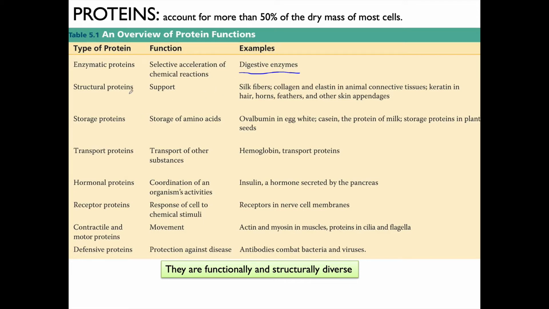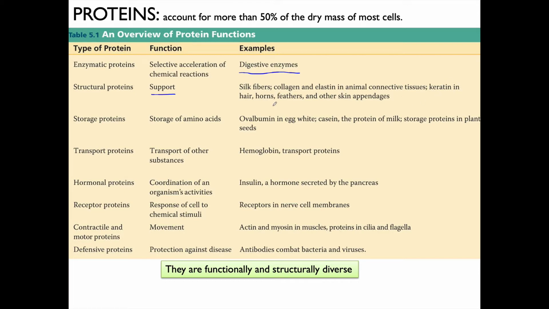We have structural support proteins. These literally will support the cells and some larger structures in our body from falling apart. If we look at structural proteins like collagen and elastin in animal connective tissues, we're talking about what you find in cartilage, tendons and ligaments, and in skin, where it helps with elasticity.